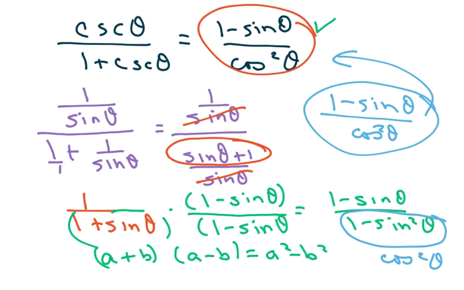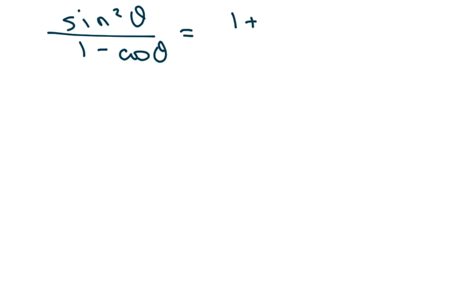Okay, the next one, I have sine squared of theta over 1 minus cosine of theta equals 1 plus secant of theta over secant of theta.